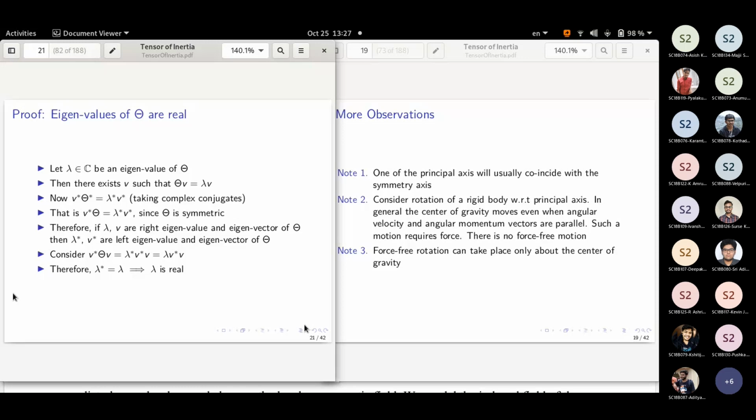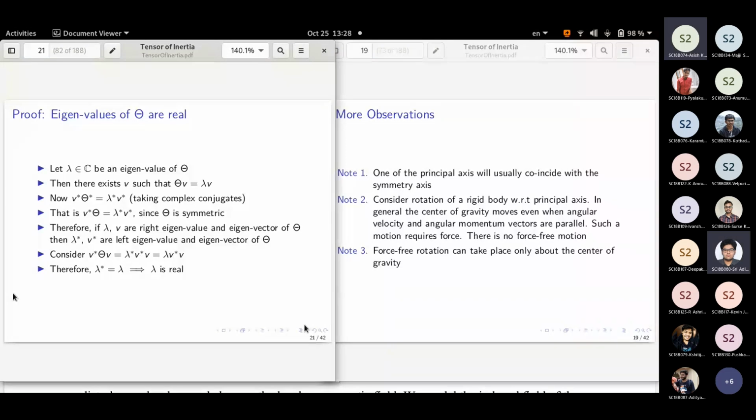Scalar multiplied by another scalar. V star V is also a scalar. Okay, sir. Even if it's a complex number, V star V is also some number. So the product of these two numbers being 0 means one of them has to be 0. So lambda star minus lambda has to be 0, or V star V. But V star V is non-zero by definition, because we do not consider the zero vector as an eigenvector.